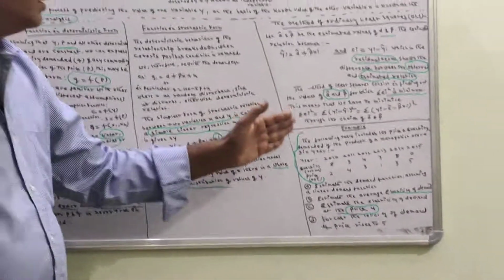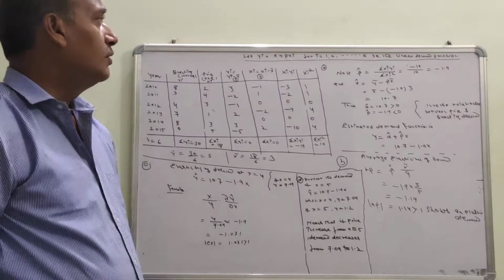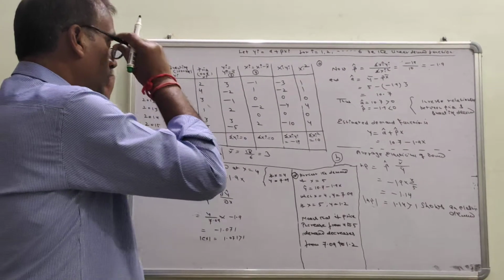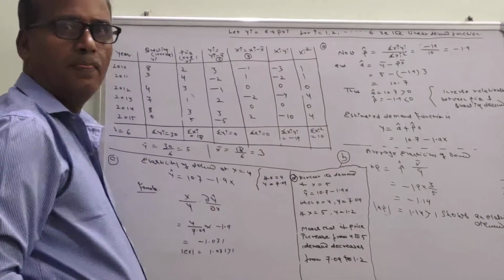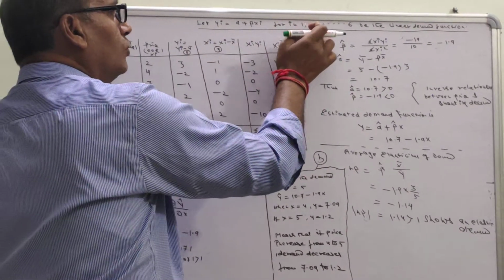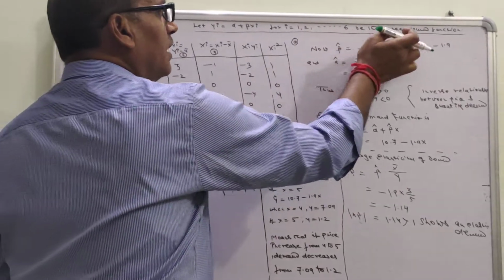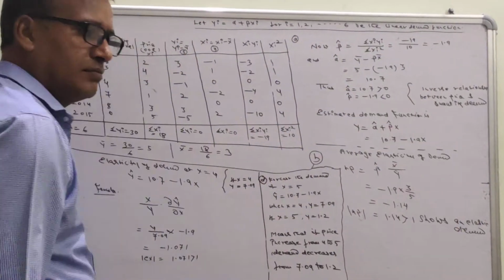Now let us calculate all these. Now let yi equal to alpha plus beta xi, for i equal to 1 to 6, be the linear demand function.